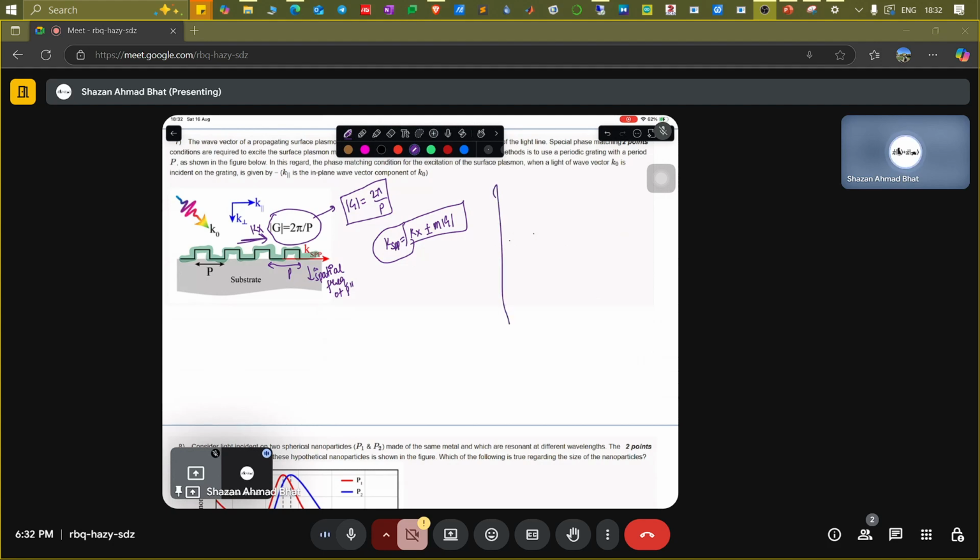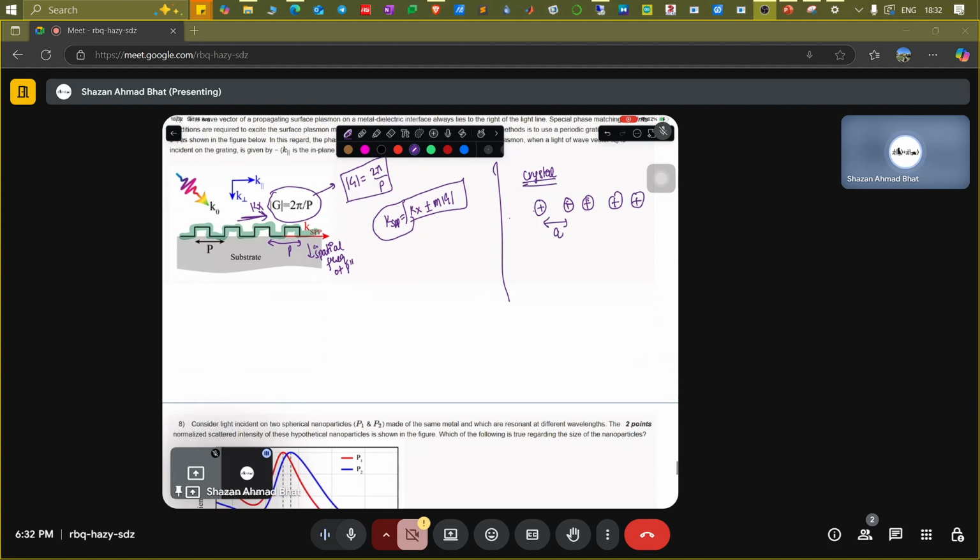Just like in a crystal, if you have a regular arrangement of atoms, periodic by a, you can write its wave vector g to be equivalent to 2 pi divided by the lattice constant. That is basically what happens in the lattice.